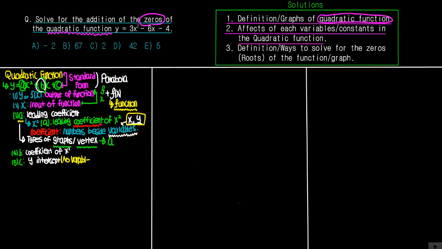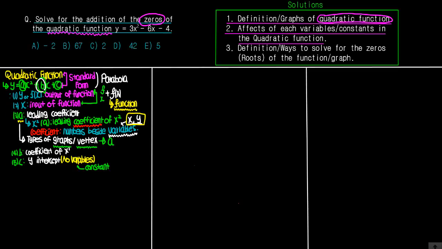And there is a special name for a term with no variables. We call it a constant. C is a constant. So these are the main 5 things that we need to think about when it comes to solving our quadratic function problems.